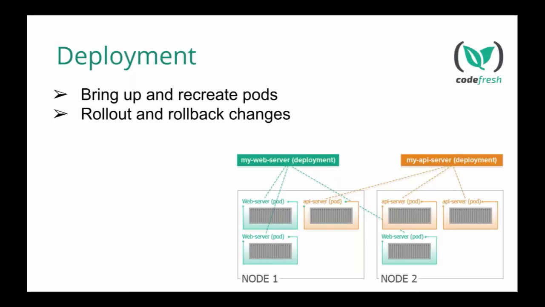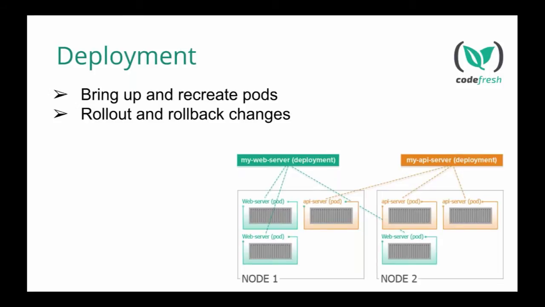using deployments. Deployments are basically entities that we will see later on that can help you in bringing up replicas of pods, monitor that these pods are working, and monitor the health status. If a pod fails, the deployment will spin up a new pod.